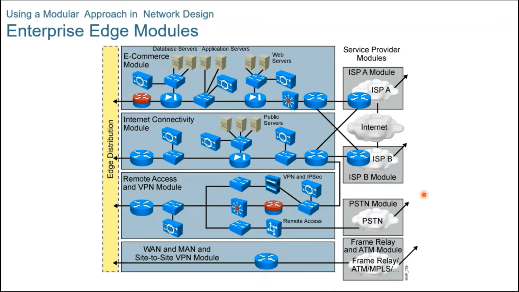As shown in the figure and in the following list, the enterprise edge functional area is composed of 4 main modules. You've got the e-commerce module, the internet connectivity module, the remote access and VPN module, and the WAN and MAN and site-to-site VPN module.